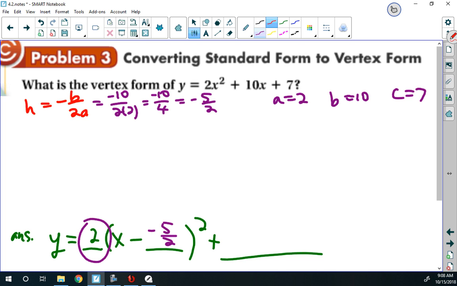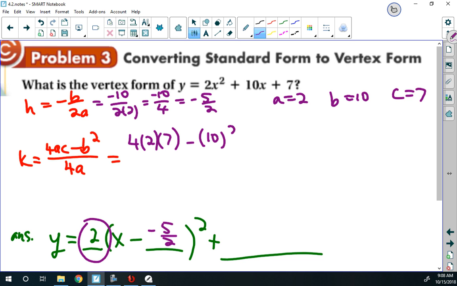When I go to find my k value, k is 4ac minus b squared all over 4a. So that's going to be 4 times 2 times 7 minus 10 squared divided by 4 times 2. 4 times 2 is 8. 8 times 7 is 56. 10 squared is 100. 56 minus 100 all over 2 times 4 is 8.